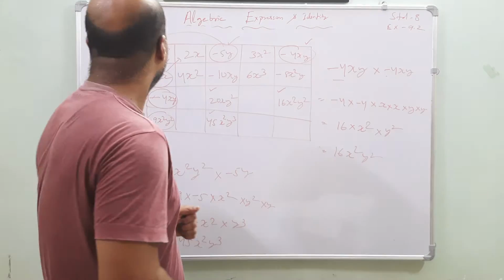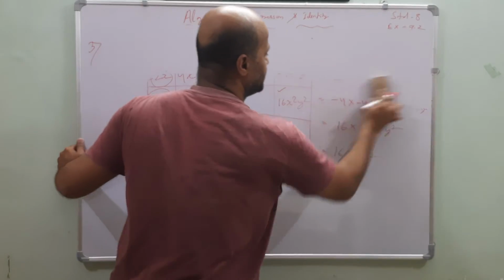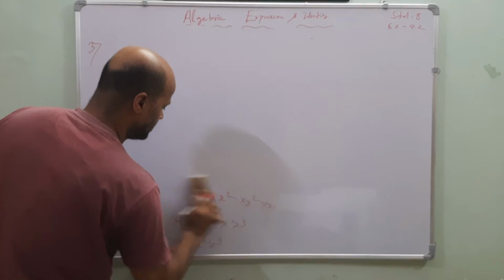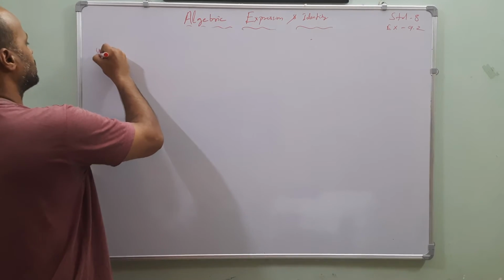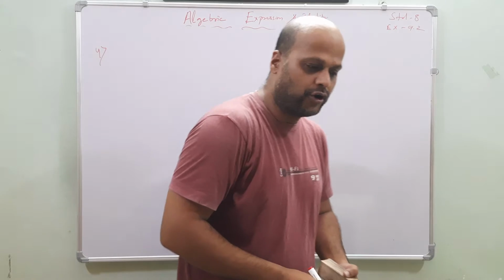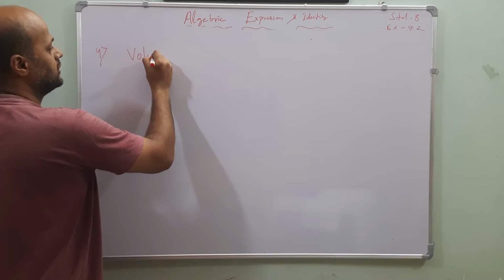Let's go to the fourth one of exercise 9.2. The question given in your book is saying to find the volume of the rectangle. Here it is also the important thing.